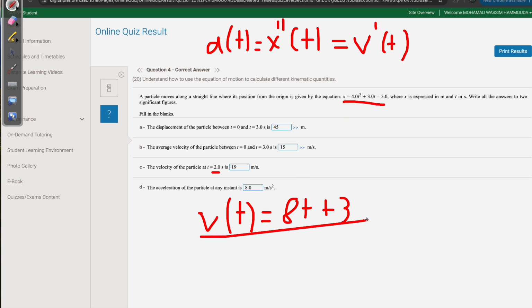So this is v. We need to derive v so we can get the equation of a. So a will be 8, that's it, with no t, which means that it does not matter what time it is, the acceleration will always be 8.